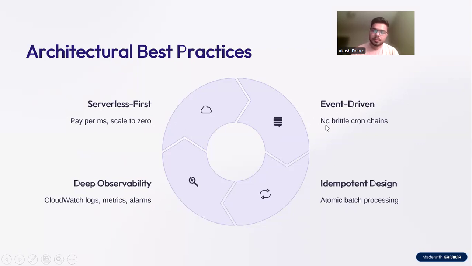Second is event driven, which replaces brittle cron chains with messages or triggers. Third thing is idempotent design, so each and every job can run twice without harm, and retries are safe. And last thing is deep observability: push logs, metrics, and traces into CloudWatch, and alert on anomalies properly.